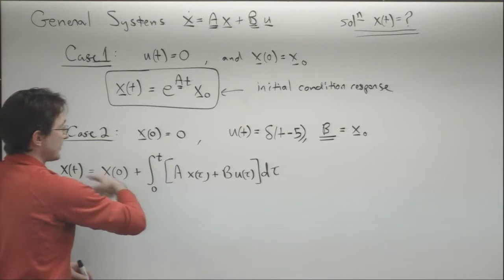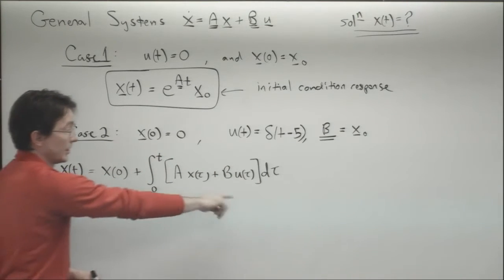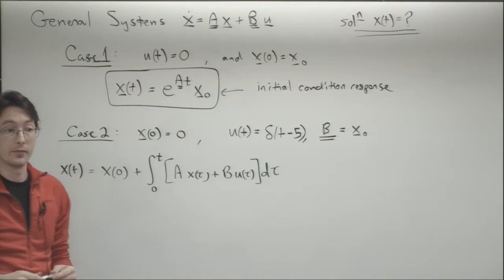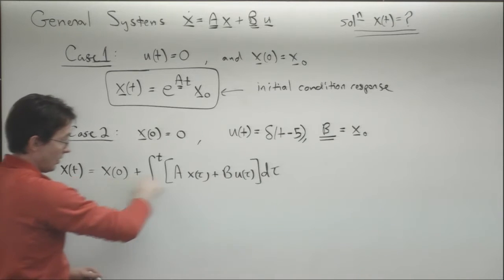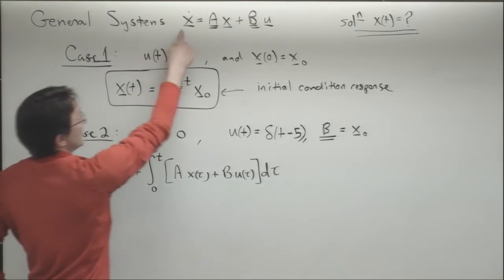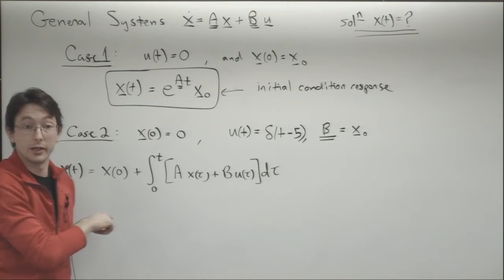This isn't really that useful for actually computing what x is, but this is certainly a true statement. This has to be true if this differential equation is satisfied. So any solution x of t will definitely satisfy this integral equation. I literally just multiplied both sides by dt and integrated, and my constant of integration is my initial condition x naught.